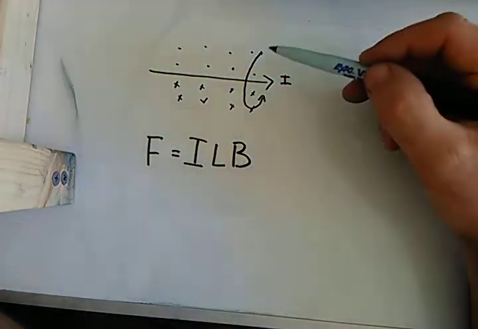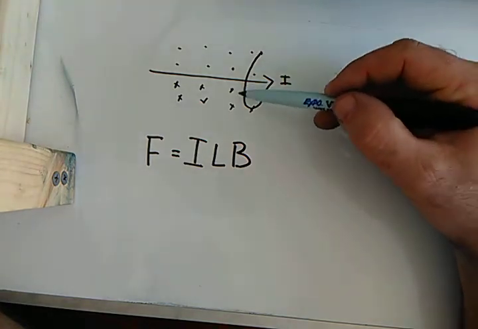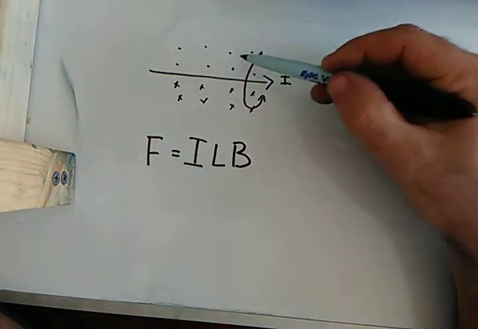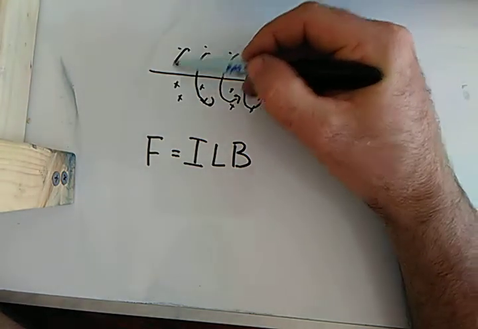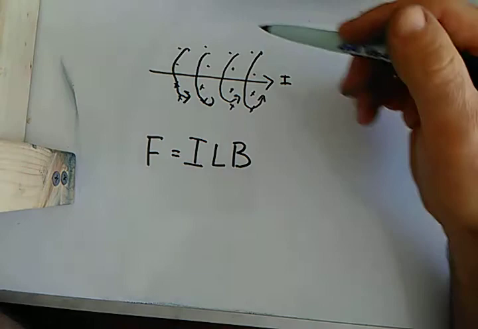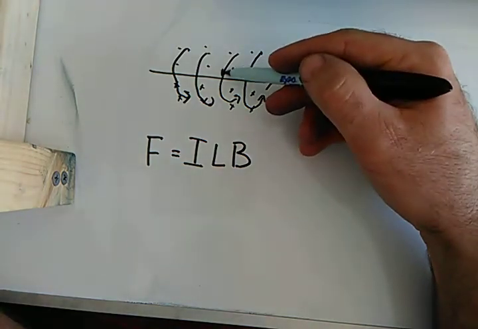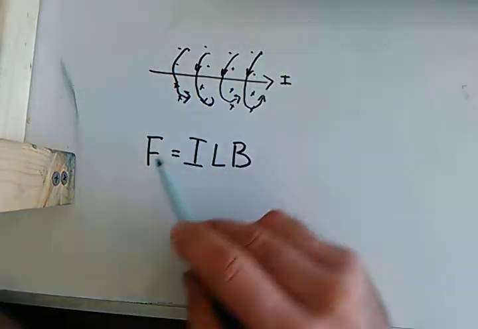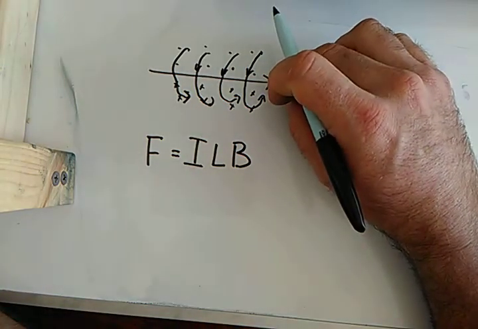This little segment here is the magnetic field jumping around and circling from here to here, here to here. I'm doing my best to draw it, going back around and coming through, traveling in this direction. So there is an actual force produced by this wire.